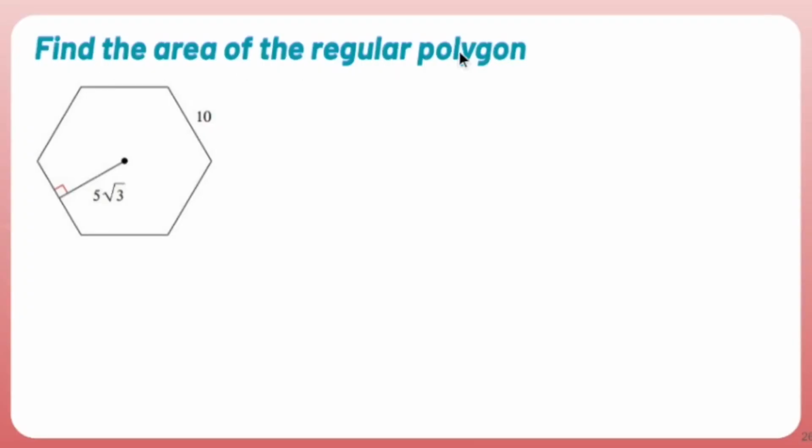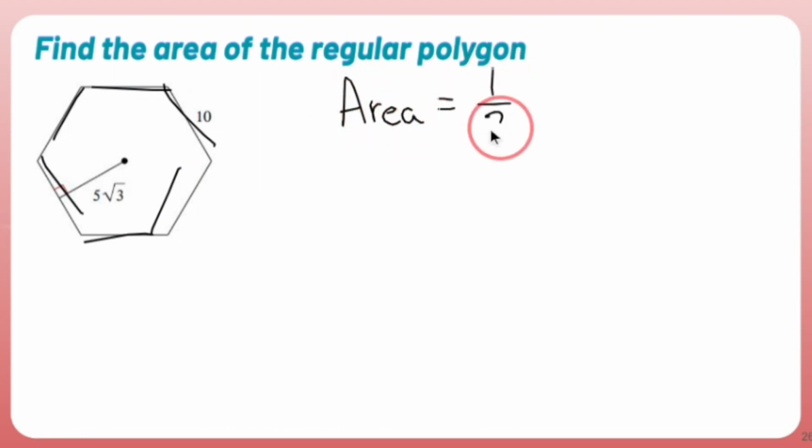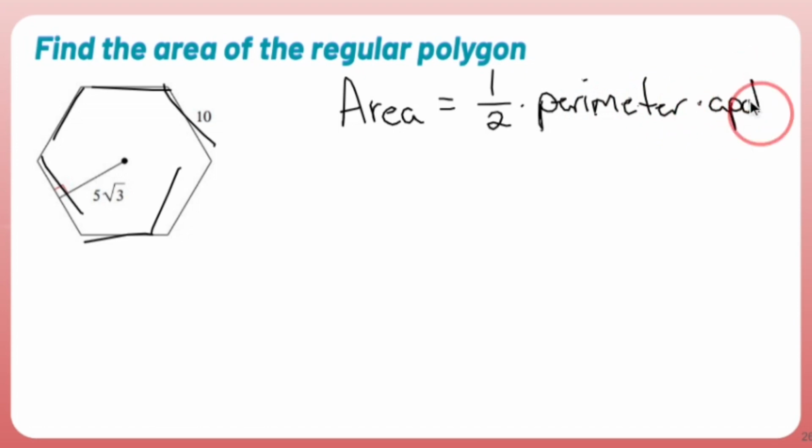Find the area of the regular polygon. Well, what do I have? I have a 1, 2, 3, 4, 5, 6-sided shape. I know that the area of a regular polygon is 1/2 times the perimeter times the apothem.